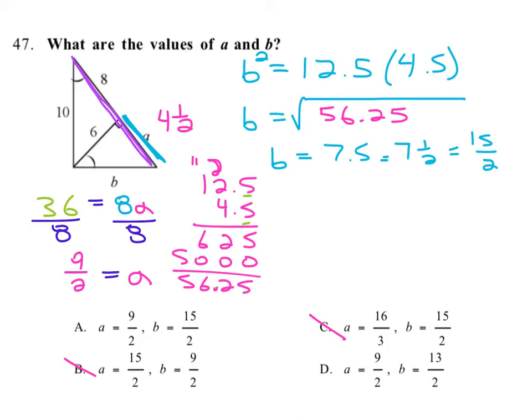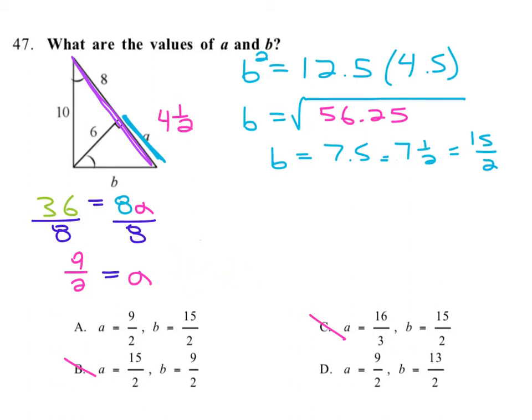And that's what we get. So for A, and let me get this calculation stuff out of here. For A, you can see we got 9/2, and for B, we got 15/2.